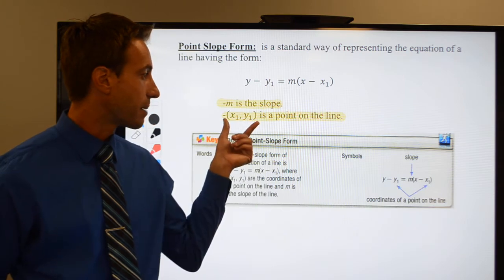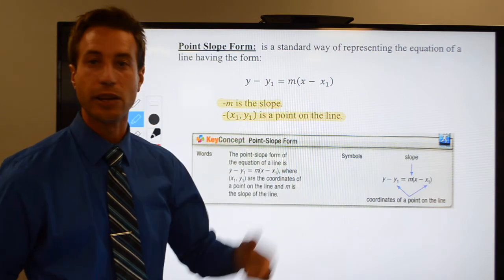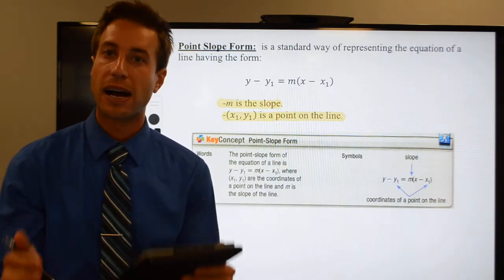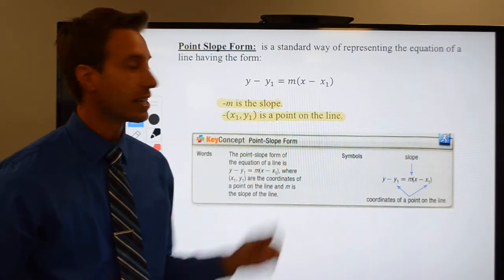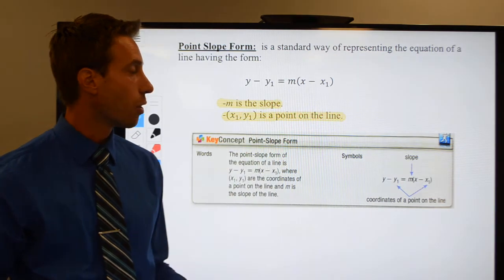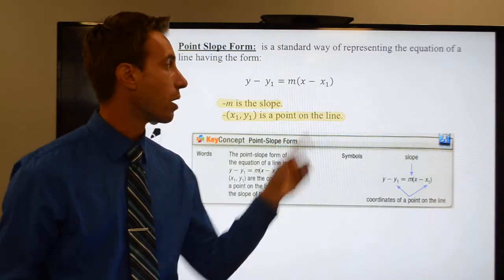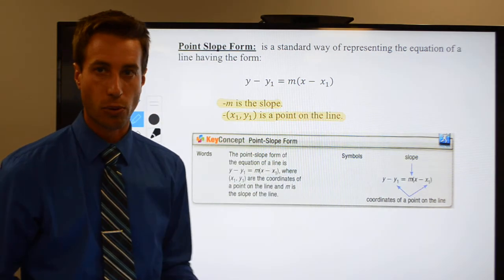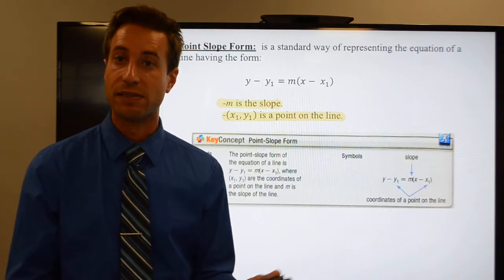And as long as I'm given a point on the line, I can write an equation using this guy right here to find the equation of the line. y minus y1 is equal to m, which is my slope, multiplied by the quantity x minus x1, which also comes from the point. Let's go ahead and give some of these a try.